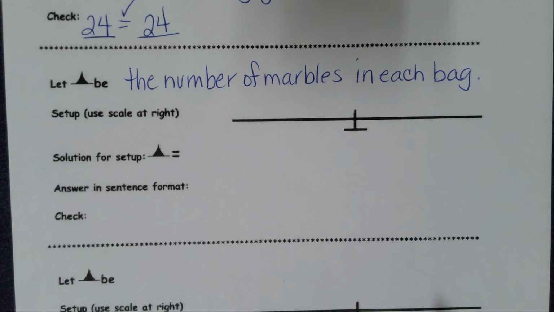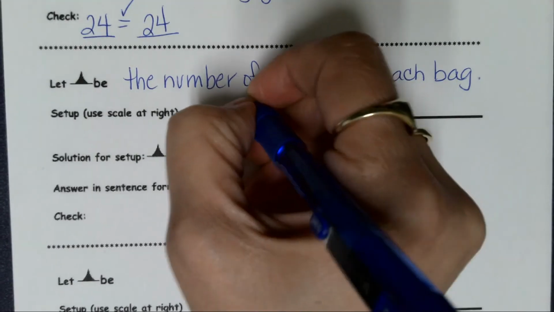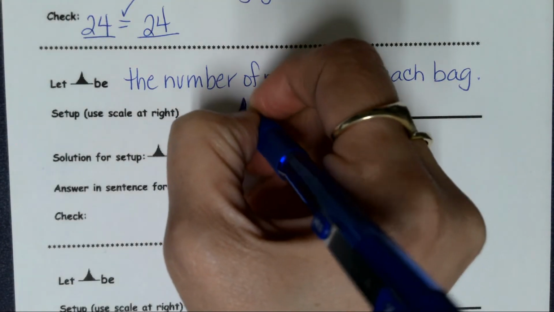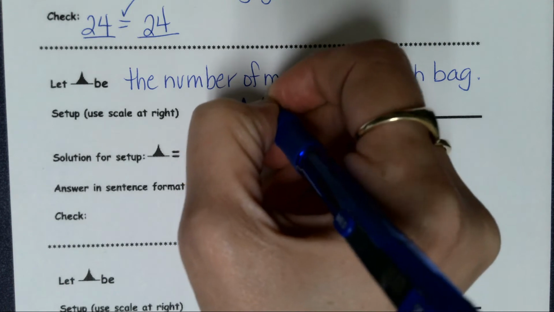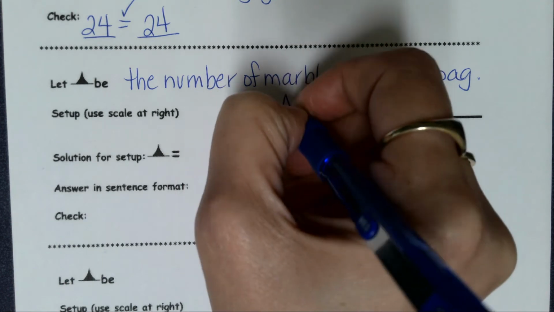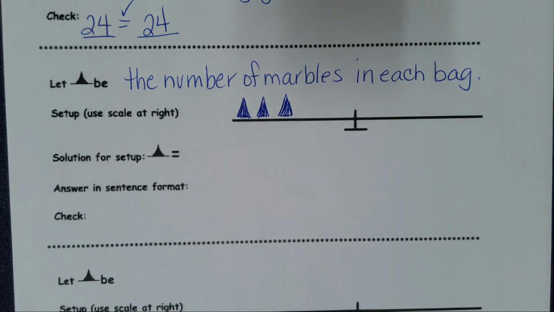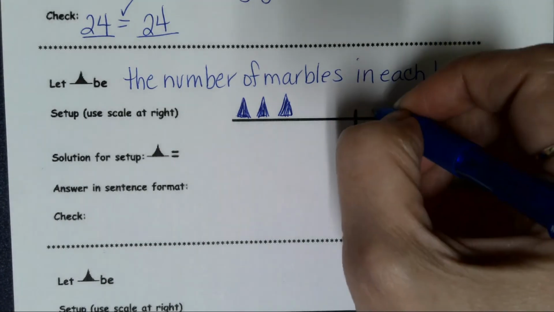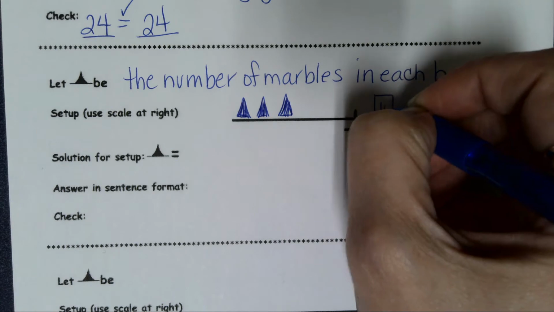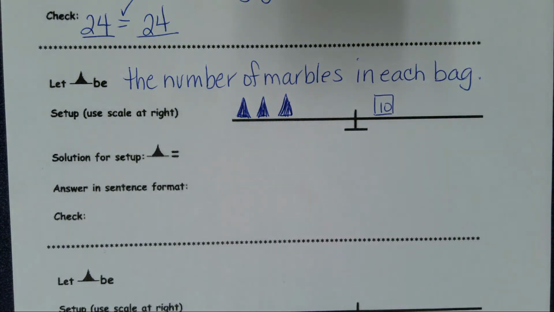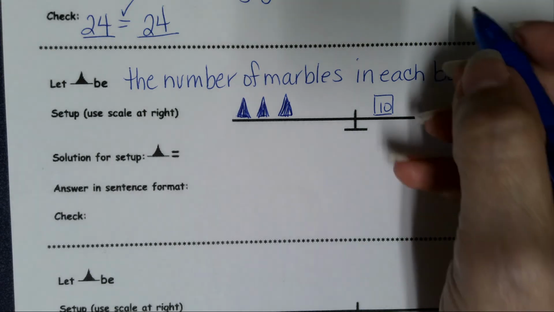So Jess had 3 bags of marbles. And we know that pawn is the number of marbles in each bag. So that's 3 pawns. Jenny had a bag with 10 marbles. We know how many are in there, so that's going to be a cube. And another bag with the same number as in each of Jess's bags.